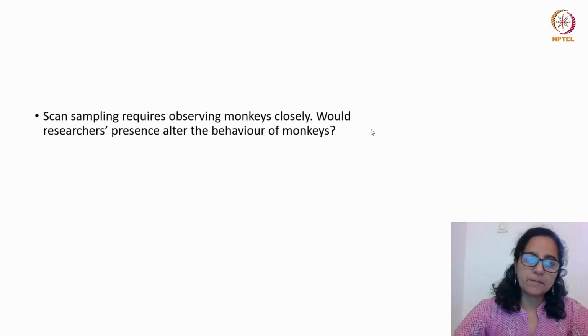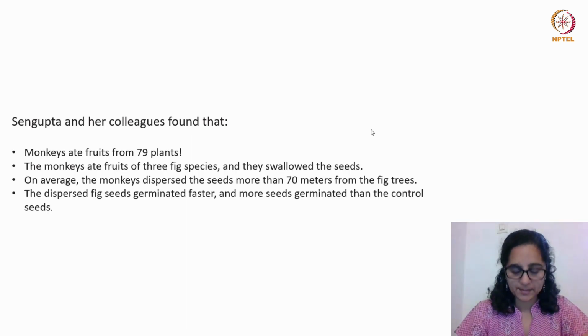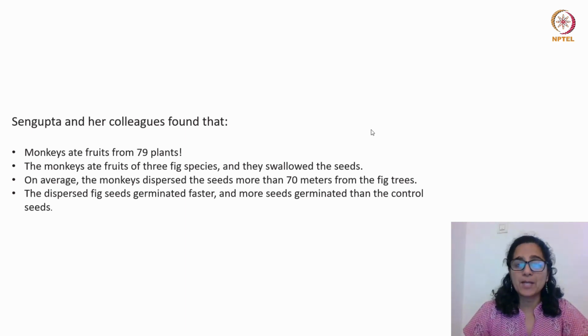All right, getting back to the results. What Sengupta and her colleagues found was that monkeys ate fruits from close to 80 different species of plants in that forest. That's amazing, right? And monkeys ate fruits of 3 different fig species, and they swallowed the seeds of the figs.